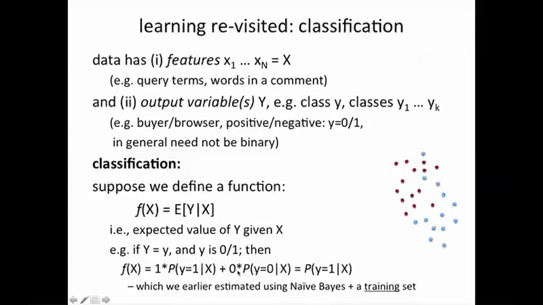Now, since you multiply by 0, this term disappears, and we simply get the probability that y equal to 1 given x. And this is exactly what we had earlier estimated using various assumptions like independence and the Bayes rule.